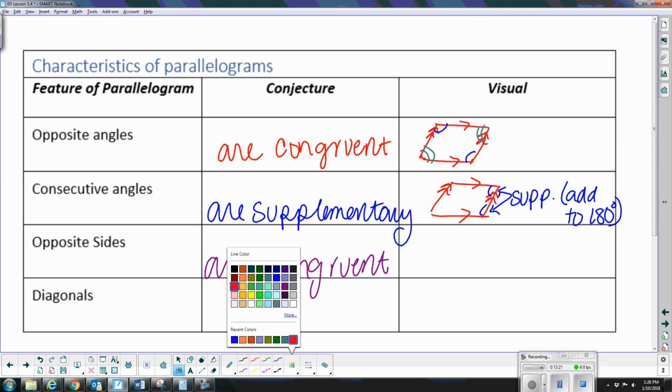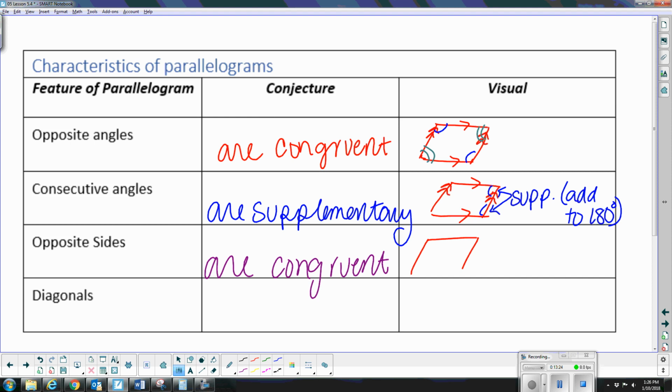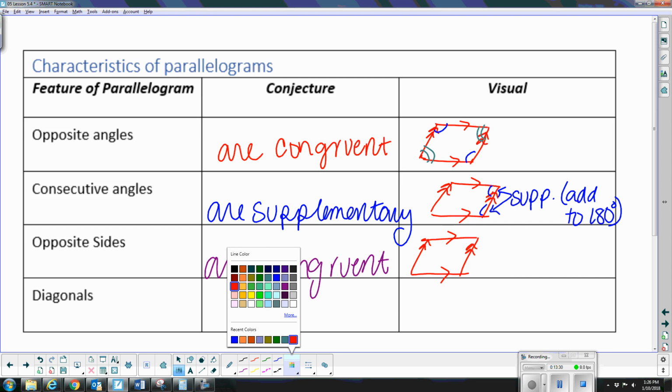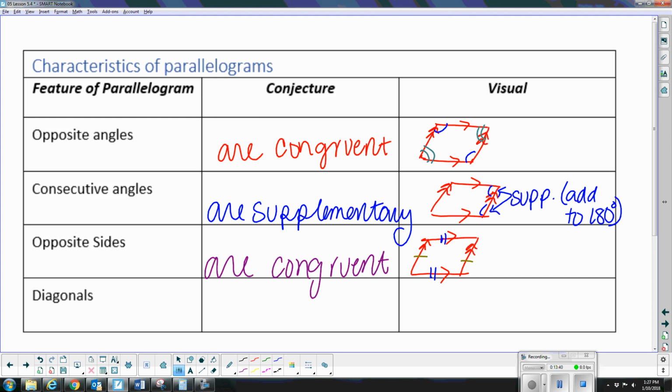So again, here's your parallelogram. And we have opposite sides congruent. And then lastly, the diagonals of a parallelogram bisect each other.